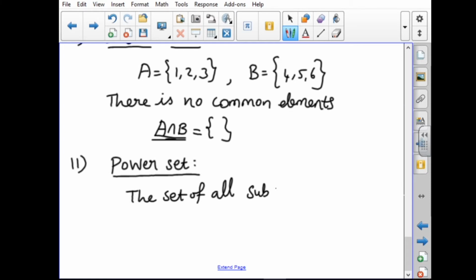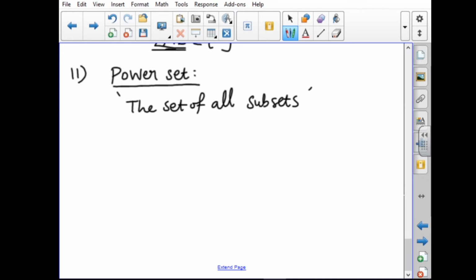For example, A is equal to the set {1, 2}. I am taking two elements. I want to write the subsets. Subsets means what?